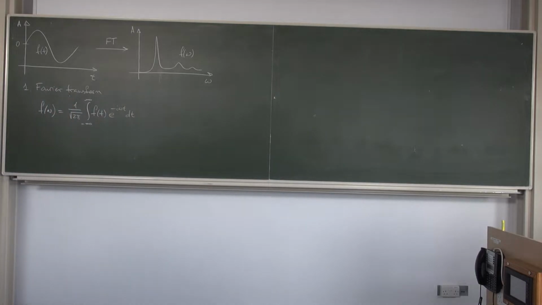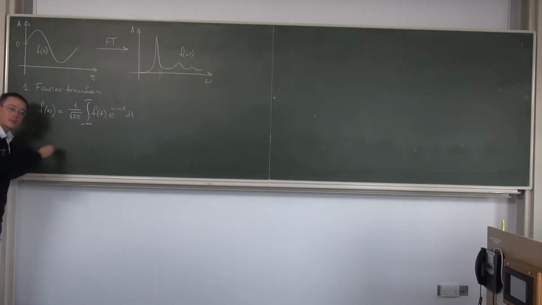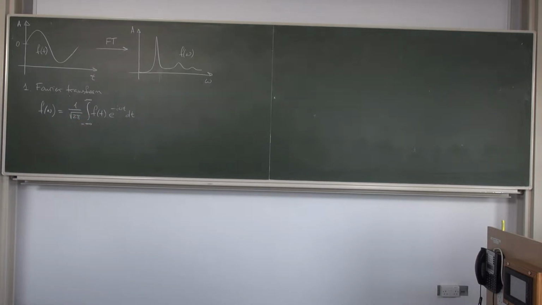A rather obscure integral, as you can see. It will become clearer once we consider scalar products and function spaces a few lectures down the line. But for now, just take my word for it that that is the Fourier transform.